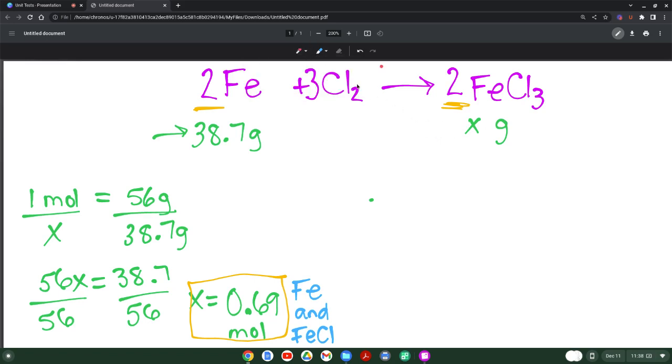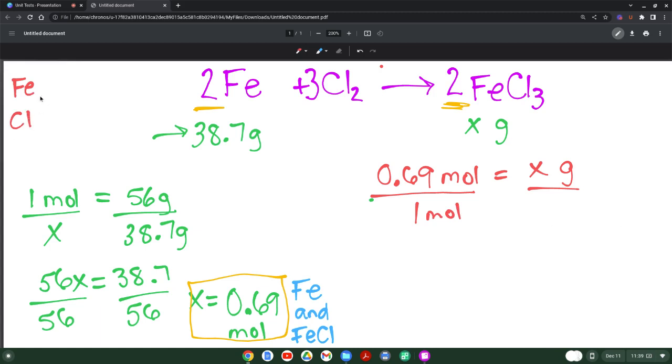right here. So here I'm going to take that 0.69 moles and I'm going to convert that to, I don't know how many grams. We're trying to figure that out. I know that 1 mole of this iron 3 chloride is going to be equal to whatever the QMT comes out to. So I'm going to come up here to the corner and do a real quick QMT on the iron 3 chloride.